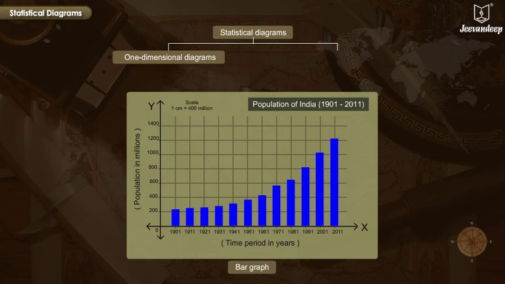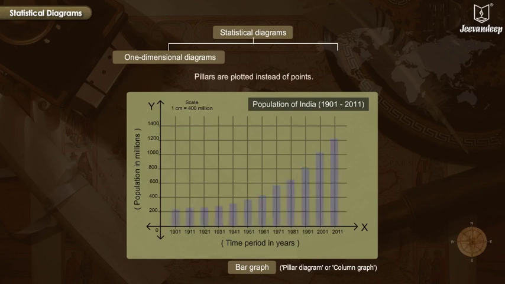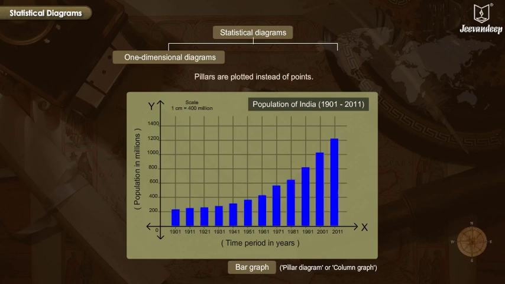Simple bar graph. This is also a one-dimensional diagram, also called pillar diagram or column graph, which finds its utility when variations in the values represented are small. In this case, pillars are plotted instead of points.